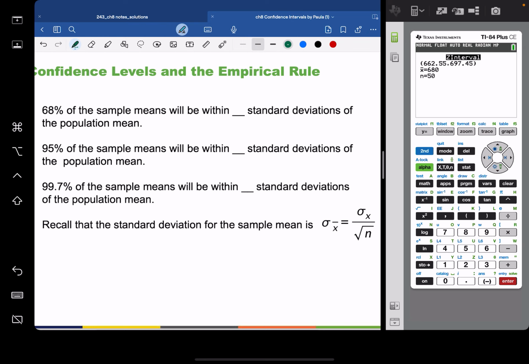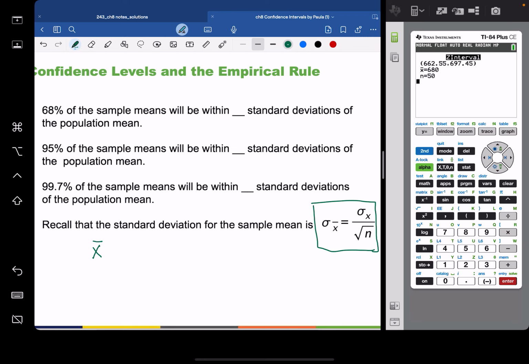We know how much they can fluctuate from the population mean, because in chapter 7 we developed this formula. The standard deviation of x bar is the standard deviation from the underlying population, sigma x, divided by root n. So that tells us how much variation there is in x bar.